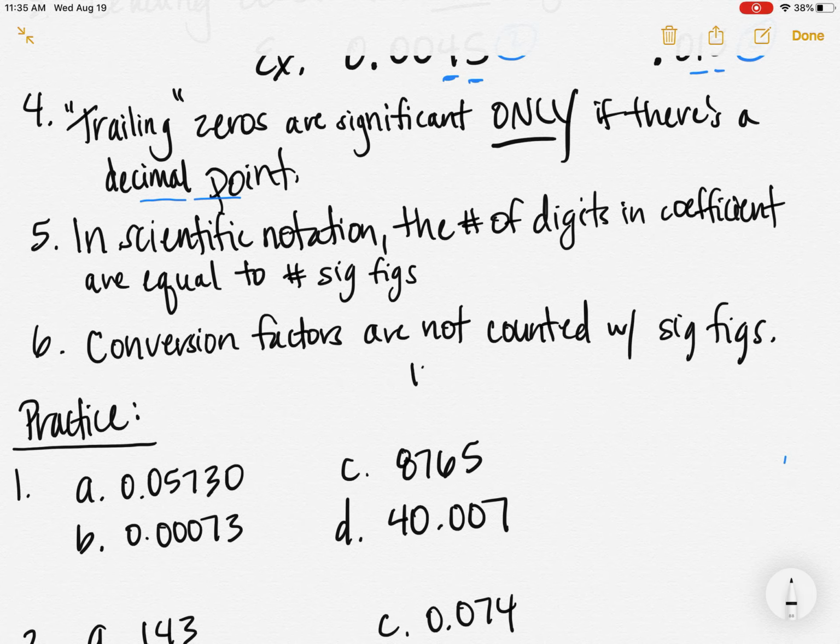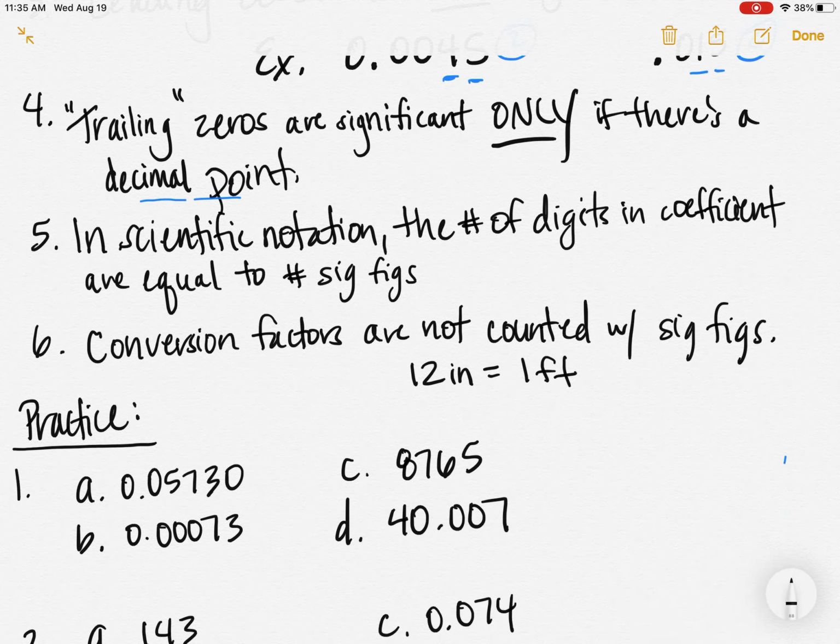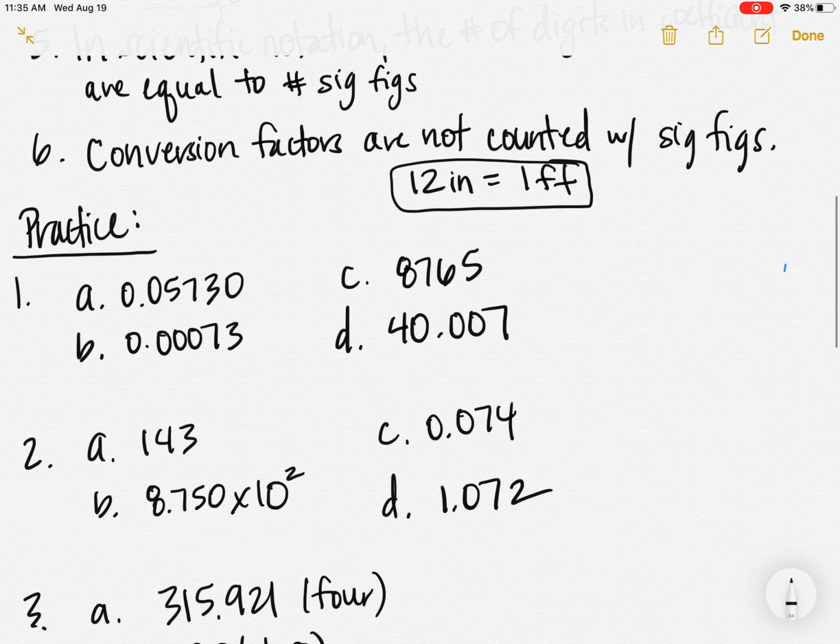What I mean by saying 12 inches is in a foot, we don't say that the 12 has 2 sig figs and the 1 has 1 sig fig, because this is a known value. And this is more so going to influence when we actually do calculations with sig figs, but I want you to go ahead and write that one on your note paper, and then when we get to that later, we'll revisit that idea.